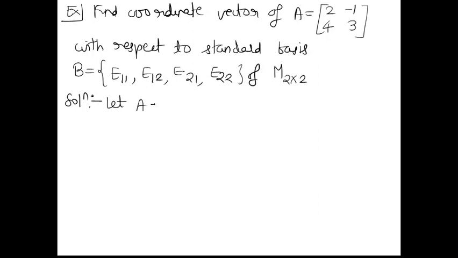Let us consider A, the given element of the vector space M2 by 2, as a linear combination of every element in the given basis, that is every element in the set B. So here we will write it as, say, alpha 1 E11 plus alpha 2 E12 plus alpha 3 E21 plus alpha 4 E22.